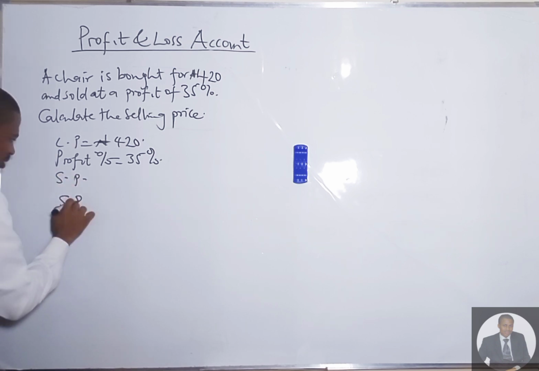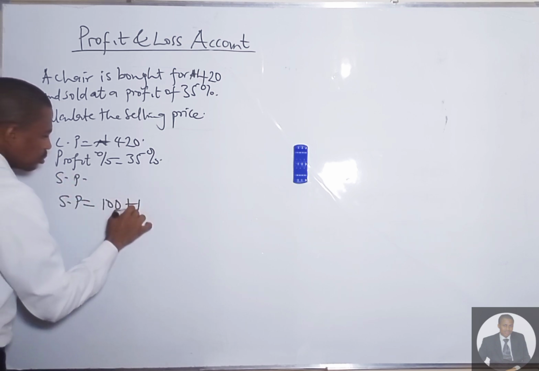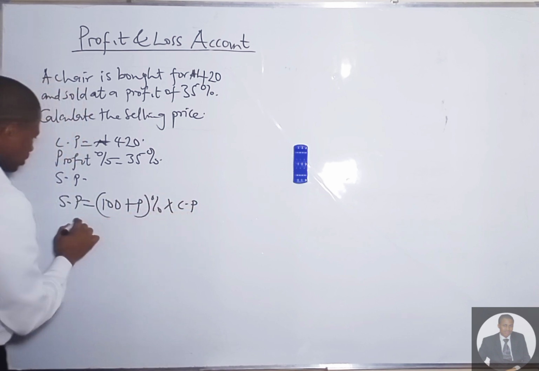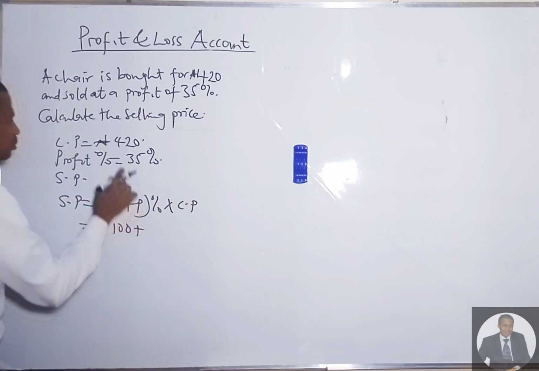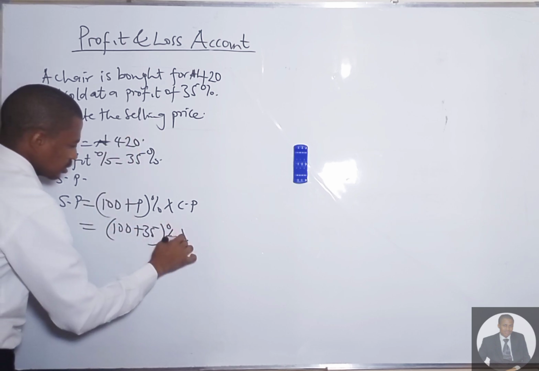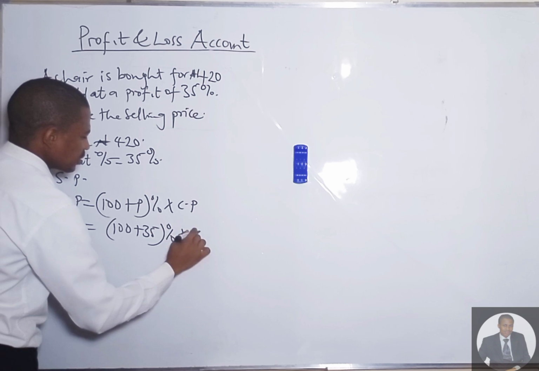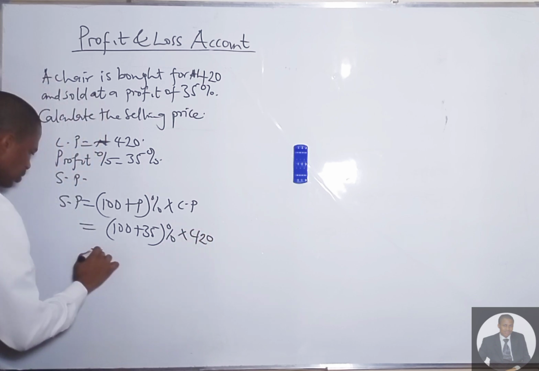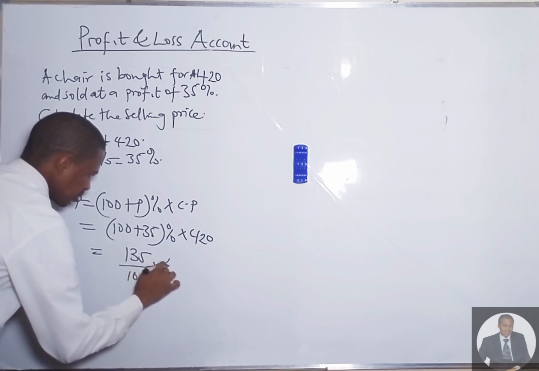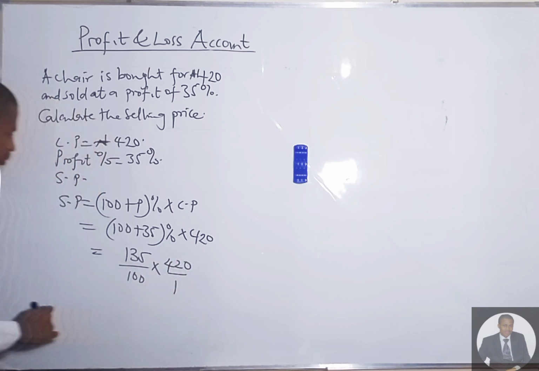Selling price equals 100 plus profit percent times cost price. So 100 plus, what's the profit? 35% times cost price. What's the cost price? 420. So that will give us 135 over 100 times 420.